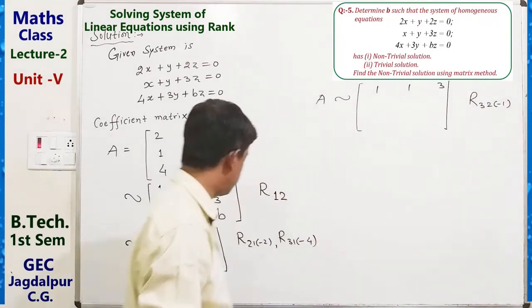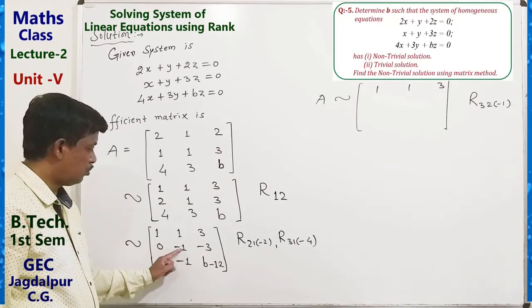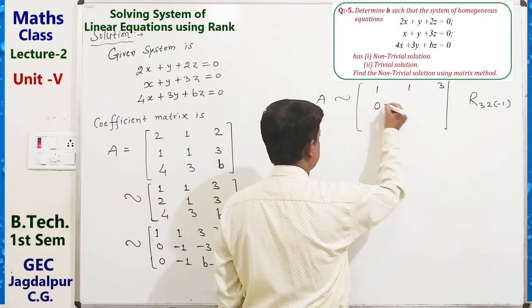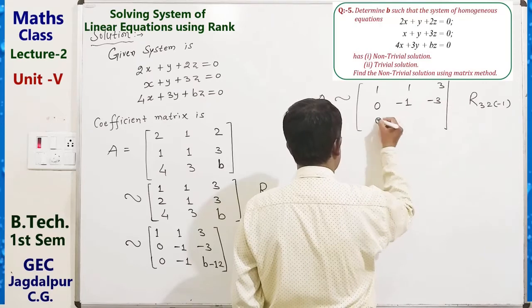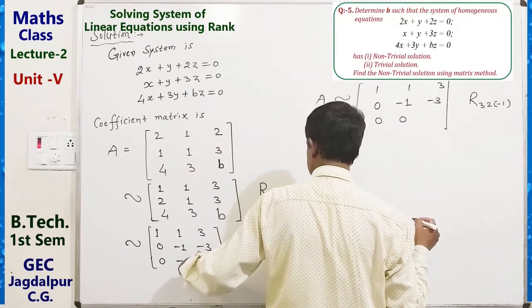Second row is multiplied by minus 1, so 0 1 3 is added to here. So 0 minus 1 minus 3, 0 0 minus 1 plus 3.